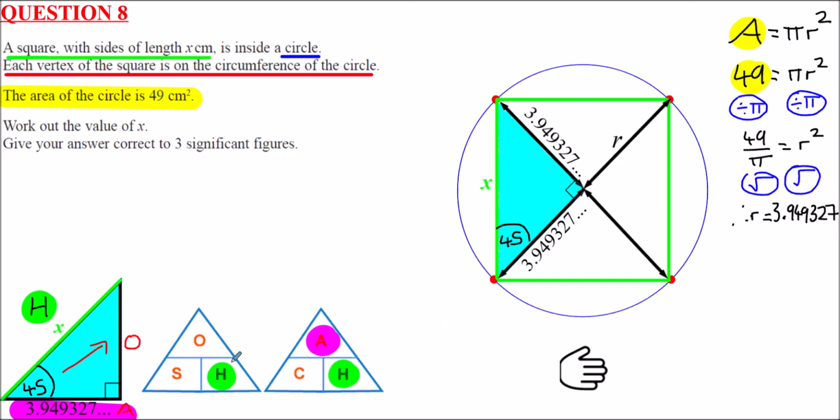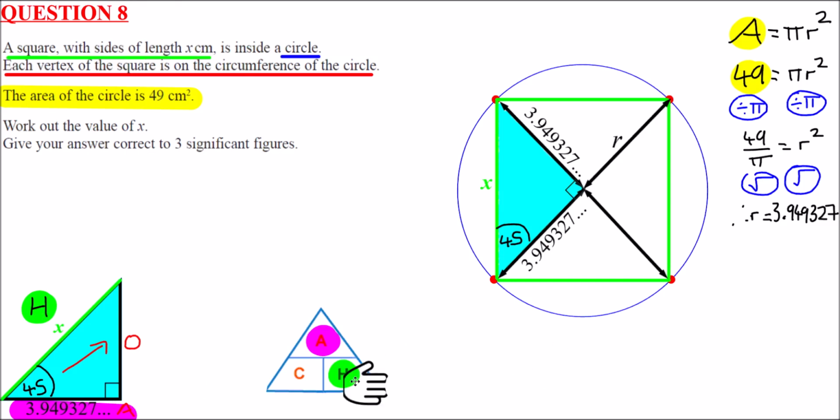The others we can say goodbye to. I'm going to be using CAH, so it's going to be involving cos. Now I want to work out the hypotenuse, so I cover up H for hypotenuse, and that's going to tell me what to do. I've only got A on top and C on the bottom, therefore H equals A over C.